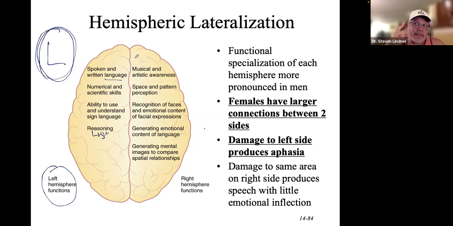And that's why babies sometimes misinterpret a smile and then they start crying because they see teeth and they think teeth is anger, right? Like an animal showing its teeth. So that right brain is more of like your art, your music, your spatial and pattern awareness, facial recognition, but also the emotional content to communication.